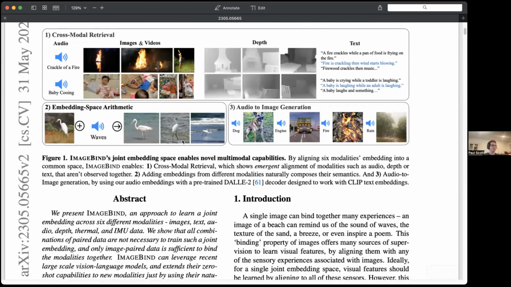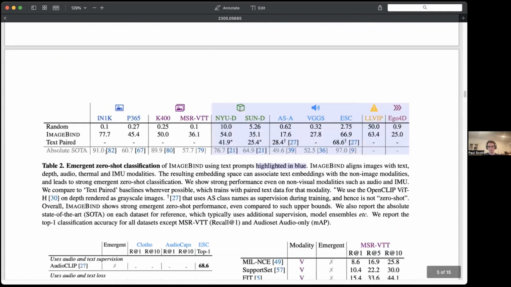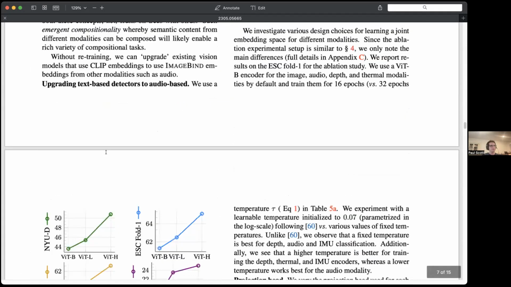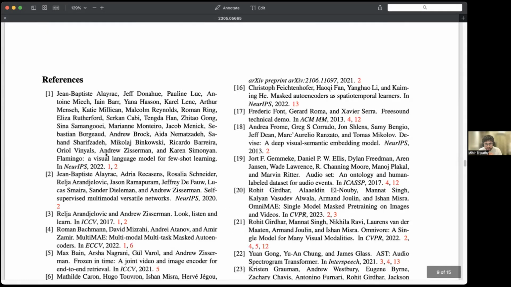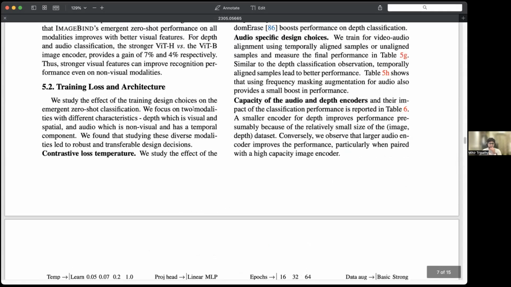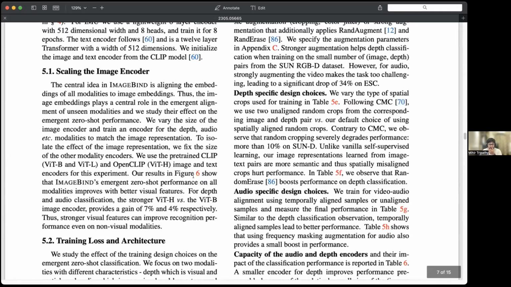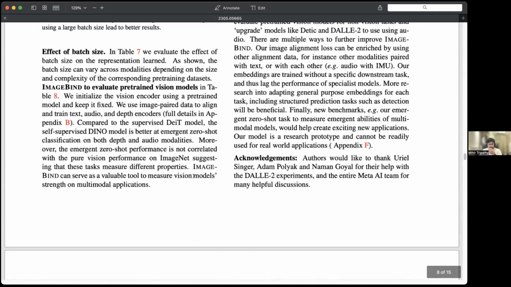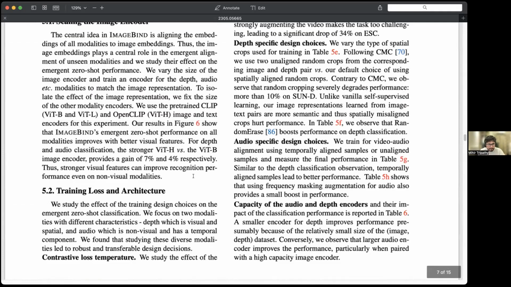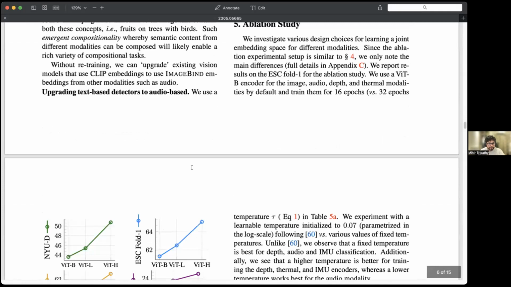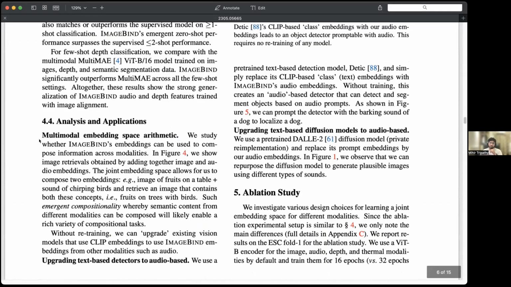Are they separating generation from classification? That is generation. So that's also one of the things that I wanted to mention, in the applications, apart from the general multimodal and embedding space arithmetic.